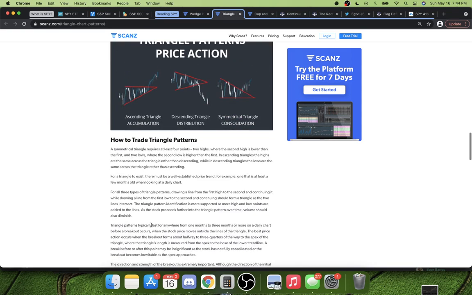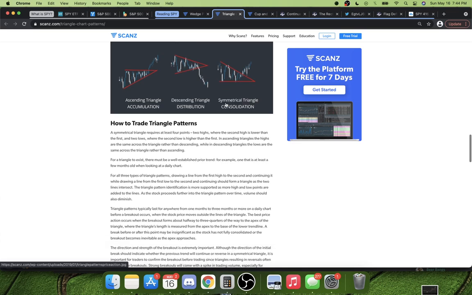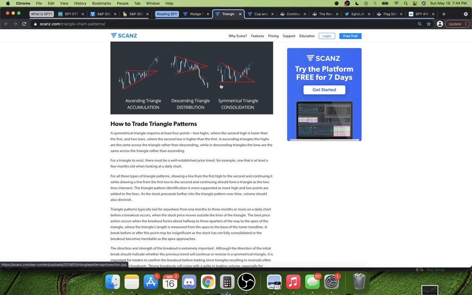So if you see an ascending triangle, usually it will break from the top resistance, and if you see a descending triangle, usually it will break down from the bottom support level, but you have to recognize that it can go either way. So that's why these patterns are great, to recognize where you're going to cut your position.